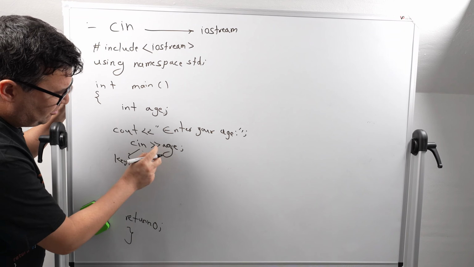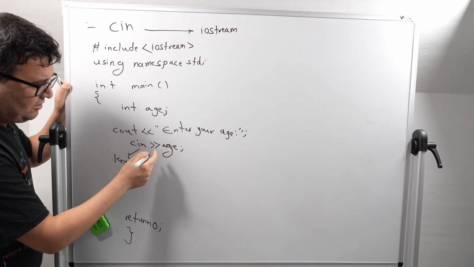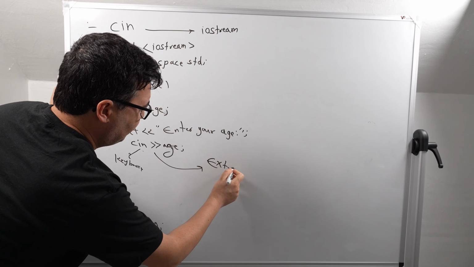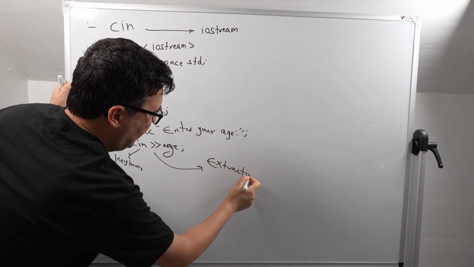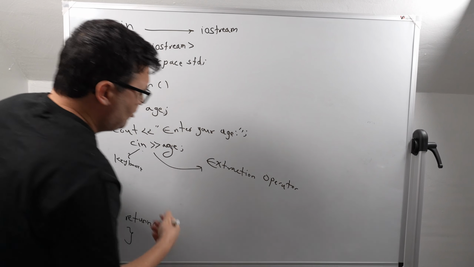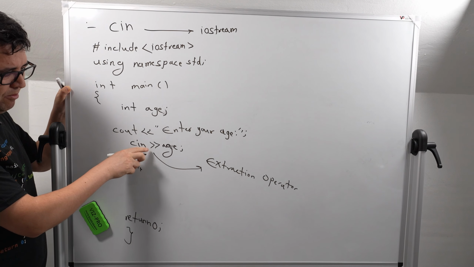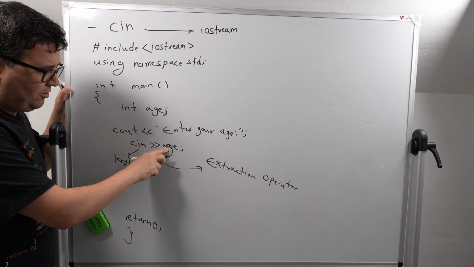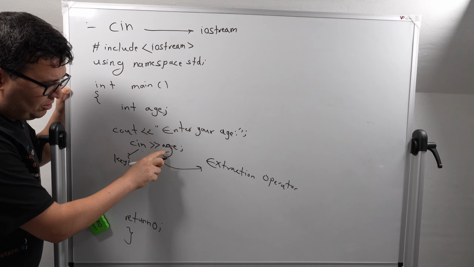Any information goes inside. You see the direction of these arrows. This is called the extraction operator. It means extract the information from cin, which is the keyboard, and put it inside the age variable.